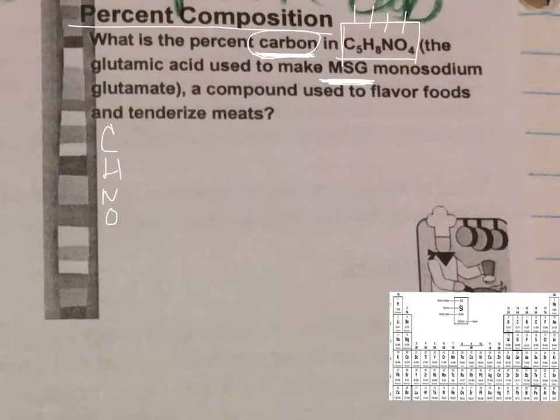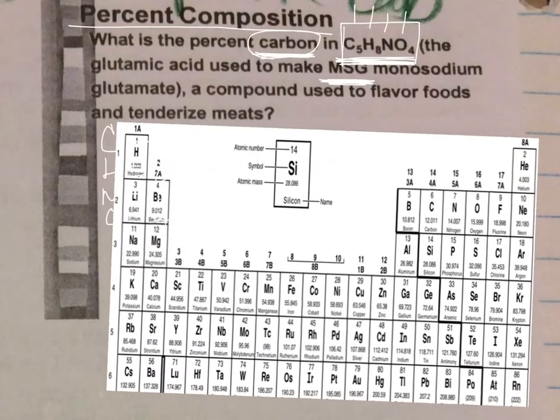And I see here that I have 5 carbons, 8 hydrogens, 1 nitrogen, I'm just looking at the formula here, looking at the subscripts. That tells me how much is there. 4 oxygen. All right. So now I look at my periodic table to see what my masses are.